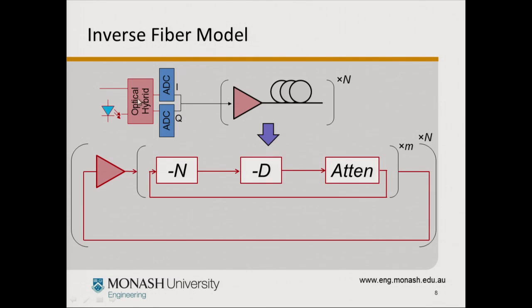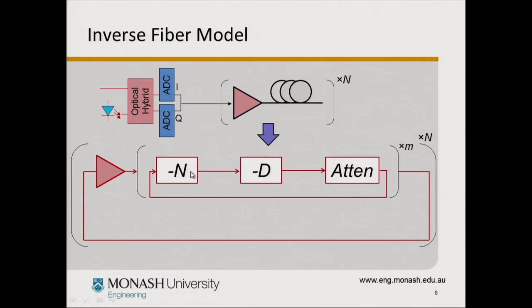So you have a coherent optical receiver which maps the optical field into an electrical field, and then you have analog to digital converters enabling you to generate a digital representation of the signal, and then you can basically spin it through a fiber model.